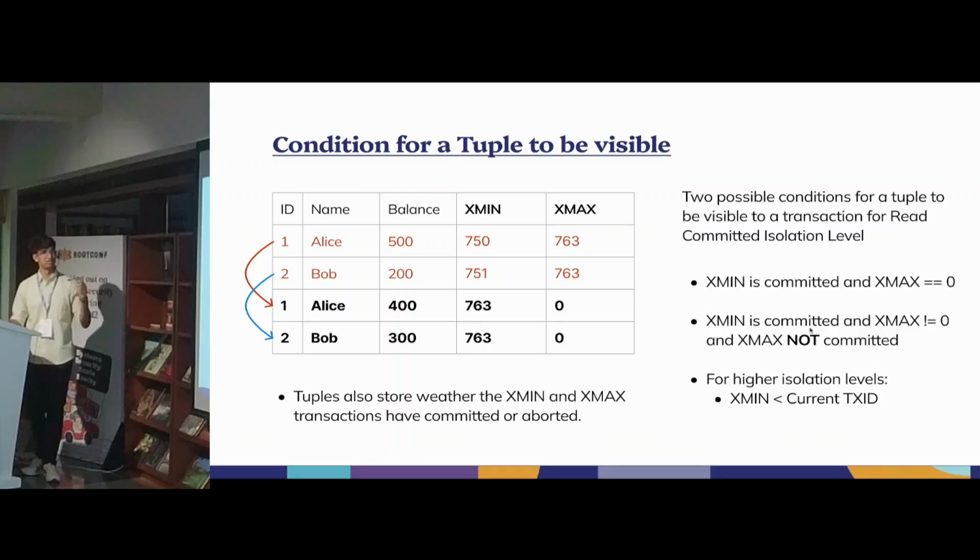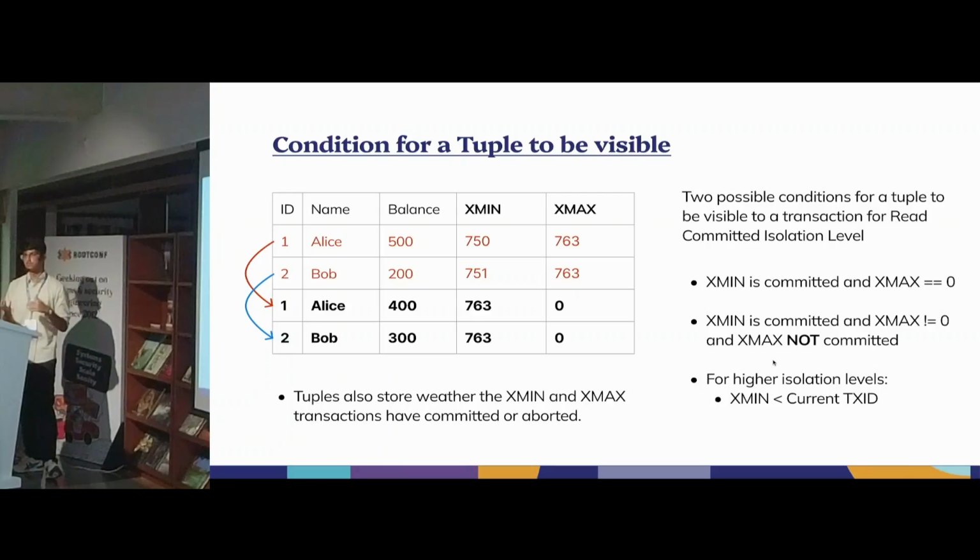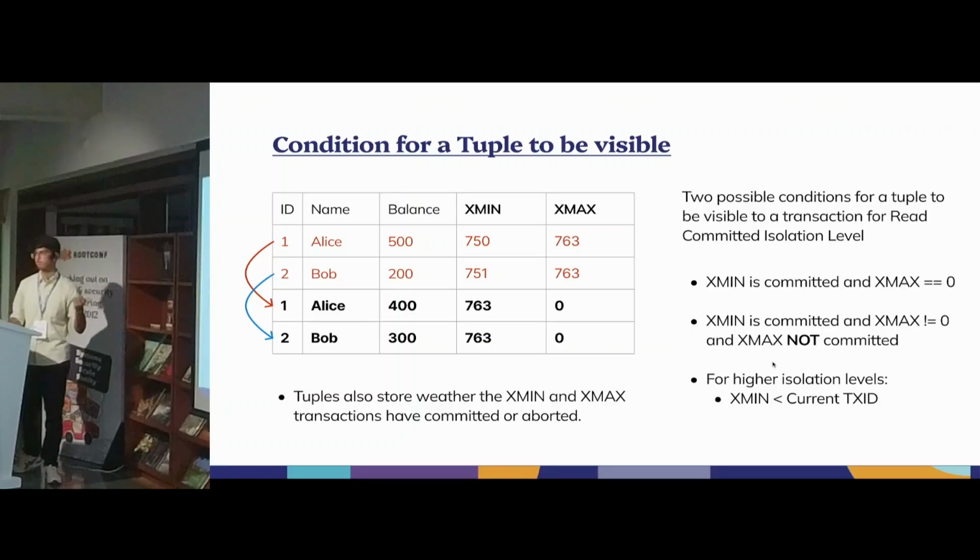And these conditions are for the read committed isolation level. Whereas if you look at any of the higher isolation levels, we said that any new data is not visible in those transactions, right? Even if another transaction commits new data, a transaction running at a higher isolation level will not see that new data, right? And the condition for that is quite simple.